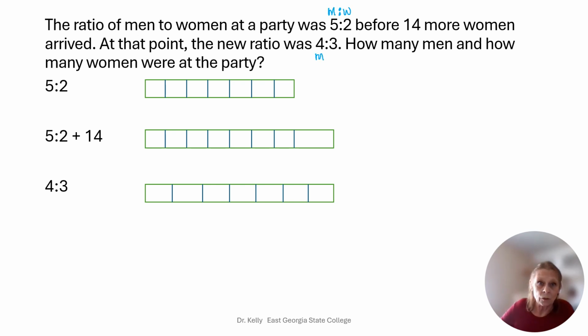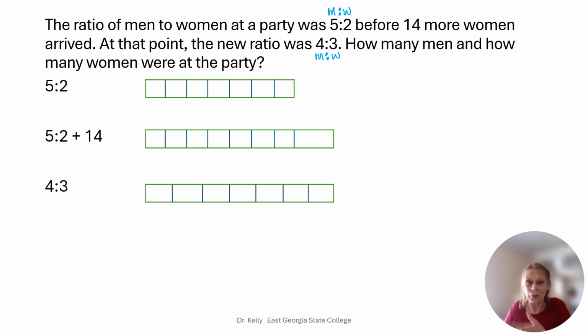And the ratio order doesn't change here, so men to women. So the ratio of men to women at a party was 5 to 2 before 14 more women arrived. At that point, the new ratio became 4 to 3. How many men and how many women were at the party?